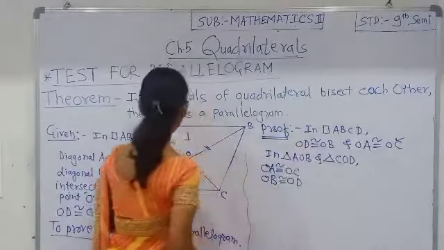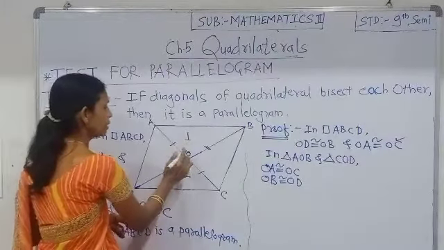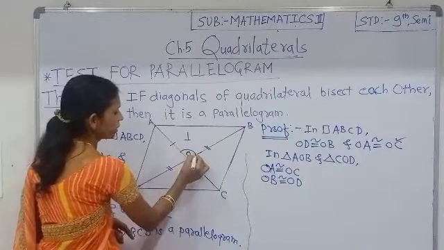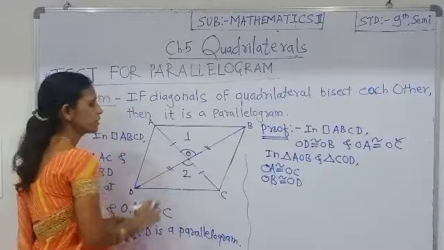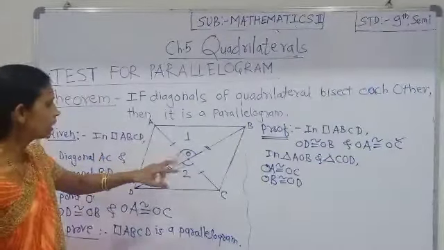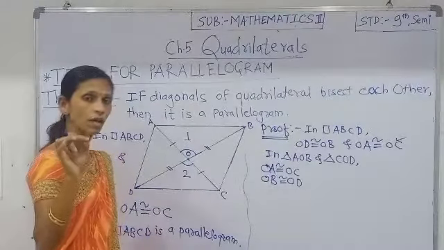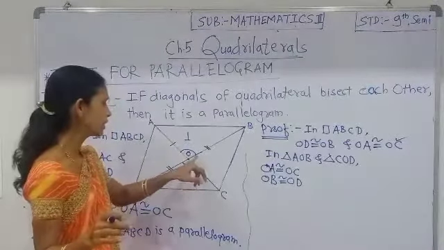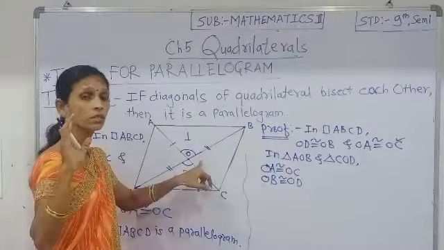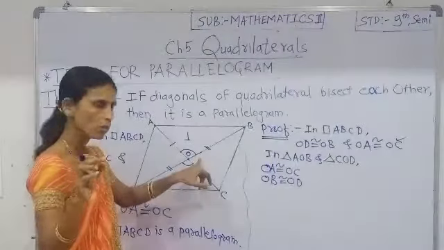These angles are vertically opposite angles, and vertically opposite angles are always congruent, a property we saw in the first topic, basic concepts in geometry.